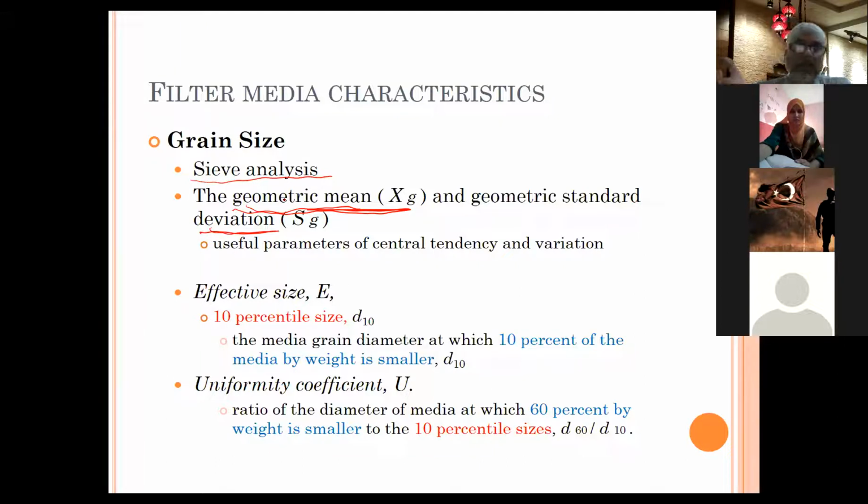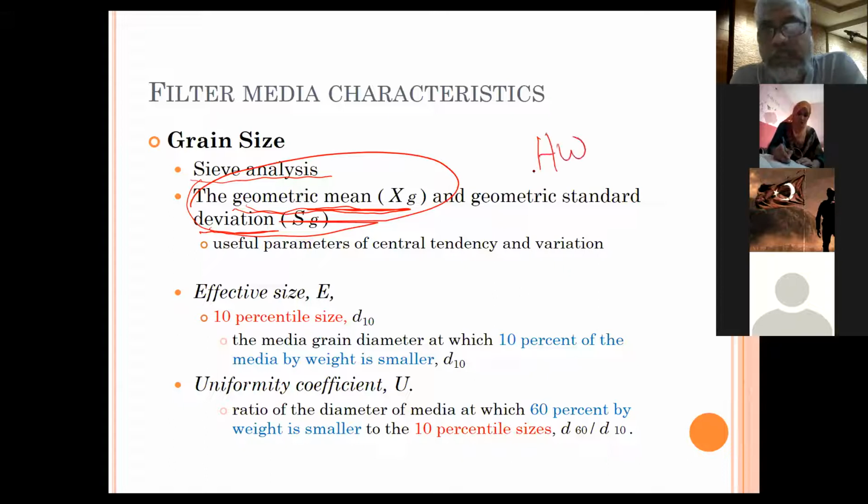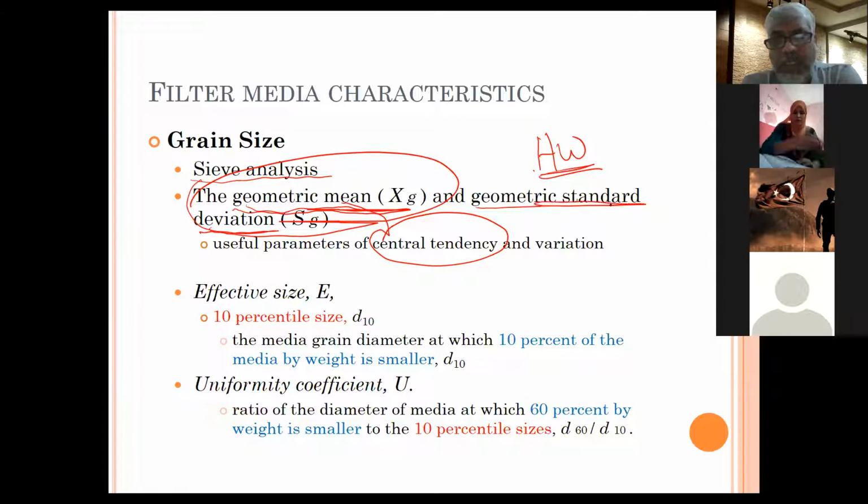So you have to see the definitions of these two terms, the geometric mean and geometric standard deviation. This is your homework. What is the geometric mean and what is the geometric standard deviation? These are useful parameters. The geometric mean tells the central tendency, and the geometric standard deviation tells us the variation.